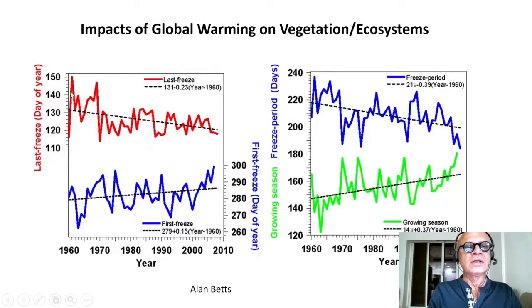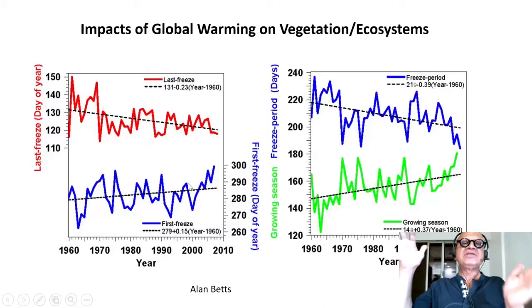So the winter months are here, and there is a large variability, but there is definitely a trend here. Okay, so this is year 1960 here and up to here 2010, and the first freeze day is arriving later and later. So this is 131 with some range, this is 279 plus some range.